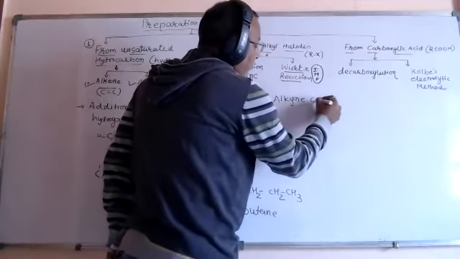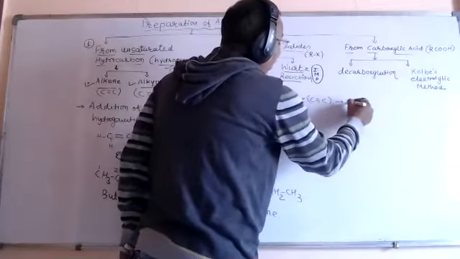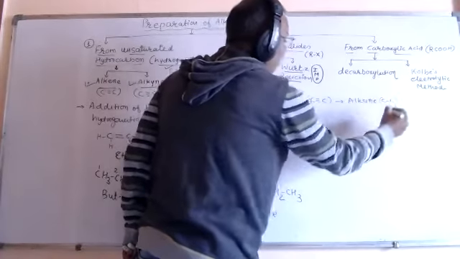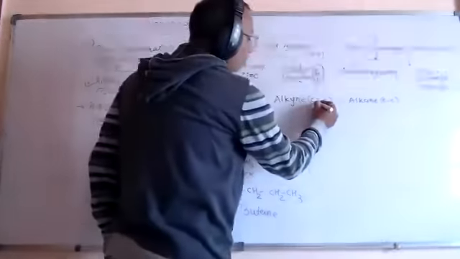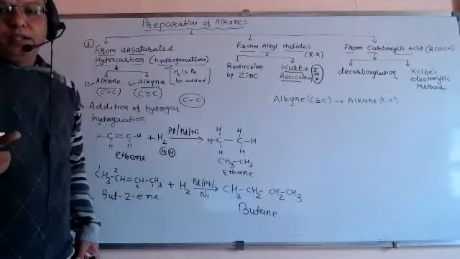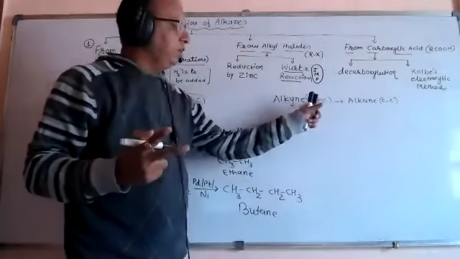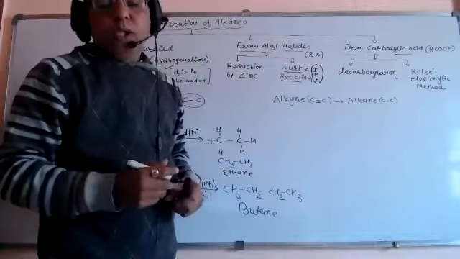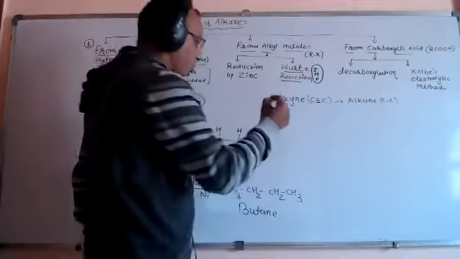Alkyne is C triple bond C, and alkane is, friends, C single bond C. So here we have to remove two bonds from the C triple bond C. That's why we need to apply two hydrogen molecules. How is it possible?